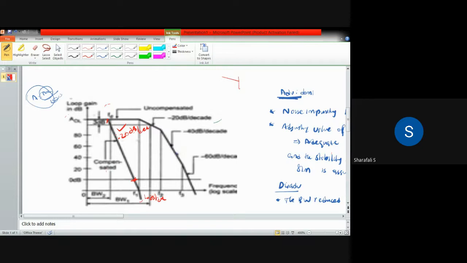In this diagram also they have taken it in a different manner, but it is just for illustration. Anyway, it has to vary with the same rate up to 0 dB. That we have to understand.